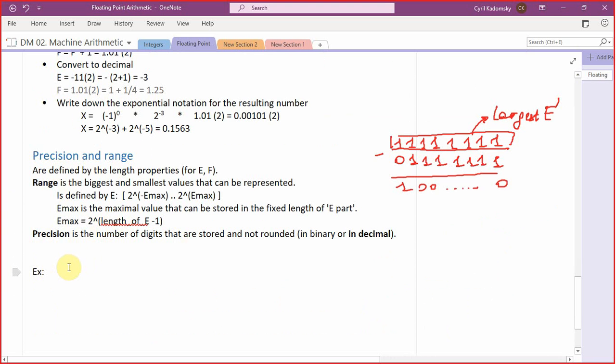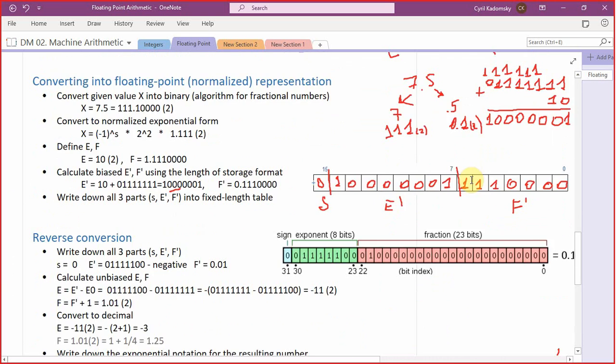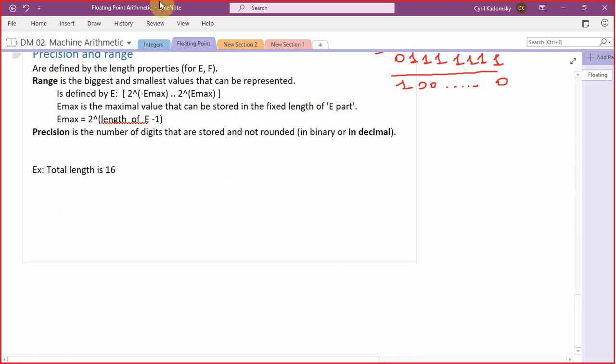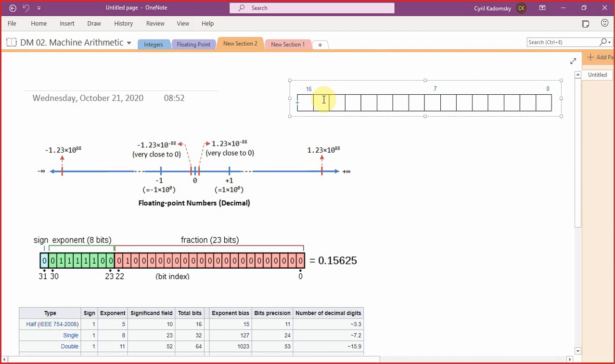For example, the total length is 16 bits, as we had in our previous example. I will have the picture for that, just to make an illustration.